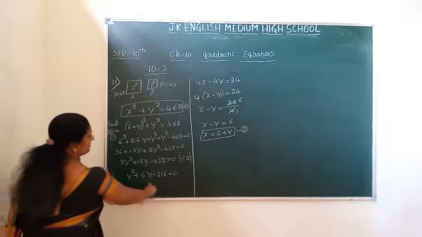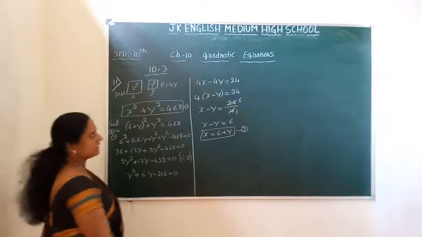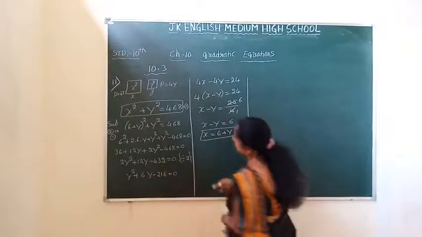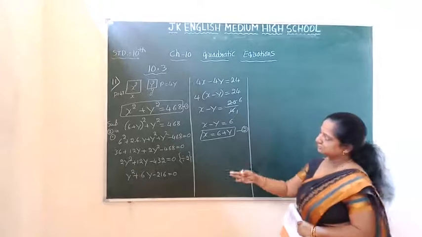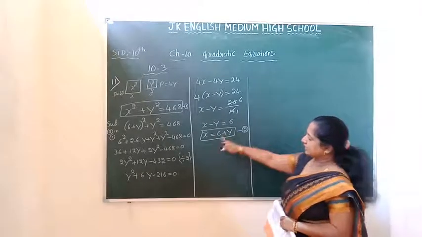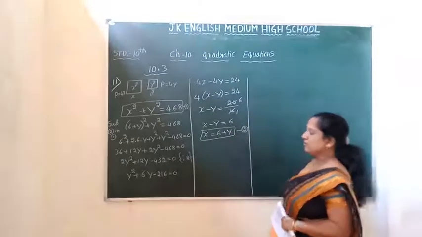Now this one I can split by the splitting method. I can factorize and find the value of y. If I find the value of y, then I come to know the x value, because x is equal to 6 plus y, children.